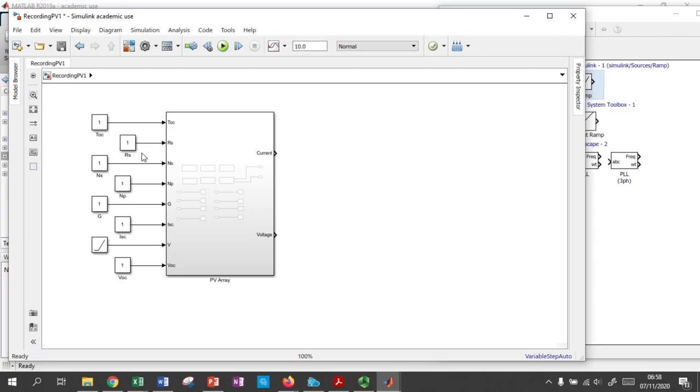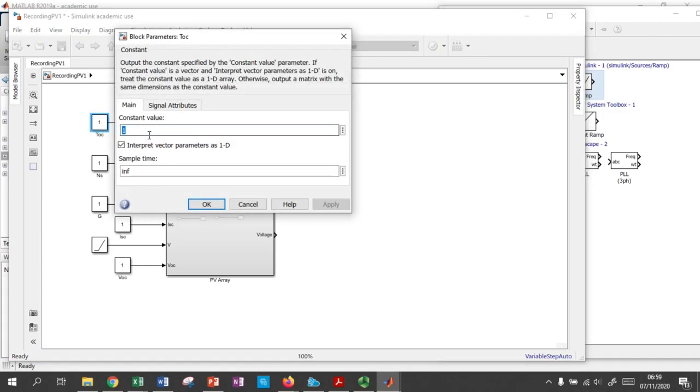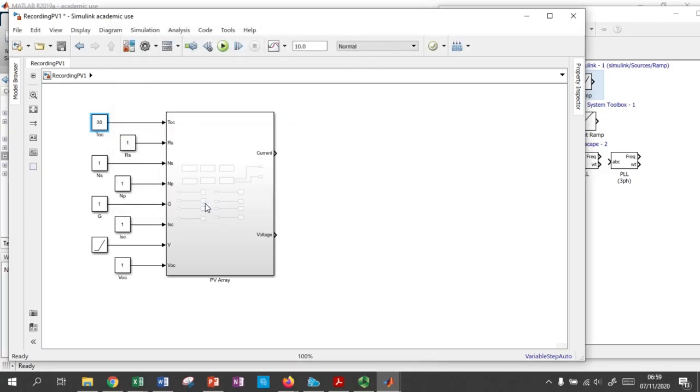Now it's required to find the output, but before that, to display the current versus the voltage, it's better to specify values. For example, for operating temperature in centigrade, we can select 30 degrees. We would like to measure the performance of this PV solar cell at 30 degrees.